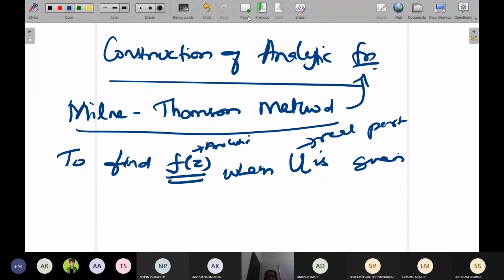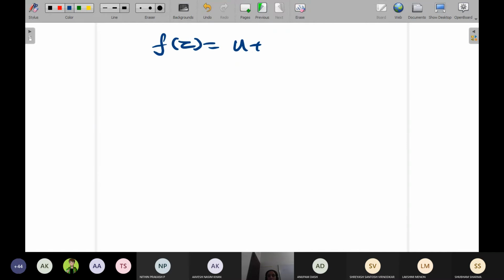Okay, you all taken down this. Now listen, what is your f of z? f of z is equal to u plus iv. Can anyone tell me what will be f dash of z? u is a function of x and y, right? Suppose you are finding derivative with respect to x, it will be ux plus ivx.